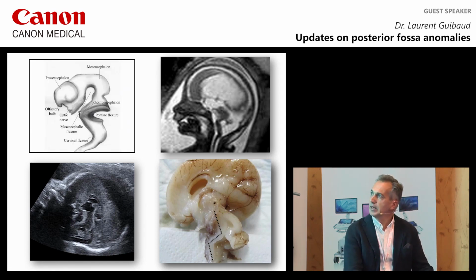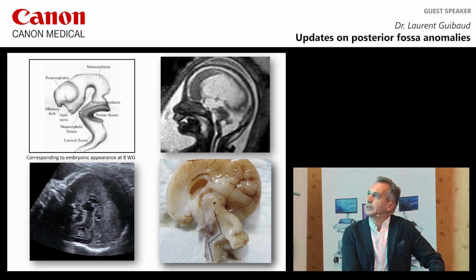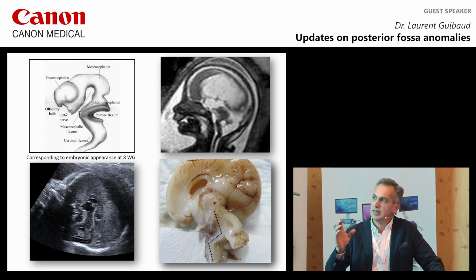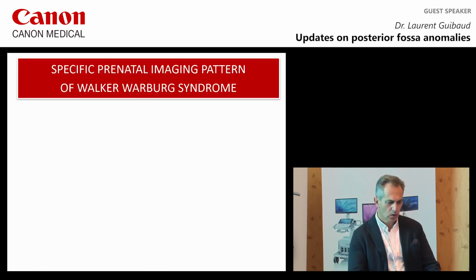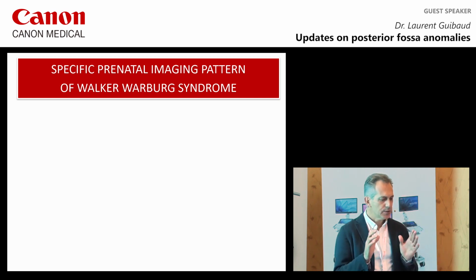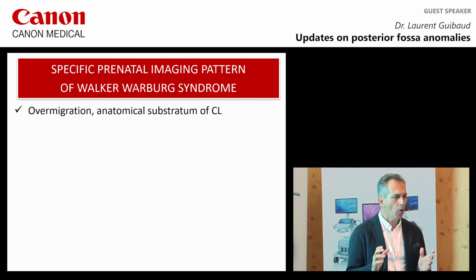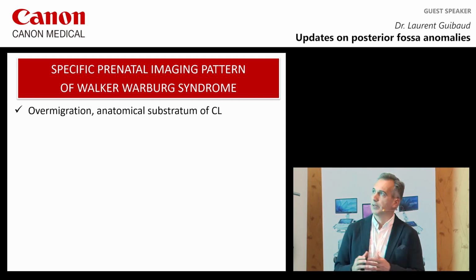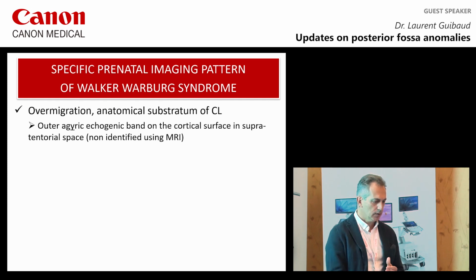This is due to the fact that the brainstem is in the initial embryonic appearance that you find at 8 weeks of gestation. So I showed you a case with the specific prenatal imaging pattern of Walker-Warburg syndrome, which is related to cobblestone lissencephaly and overmigration.